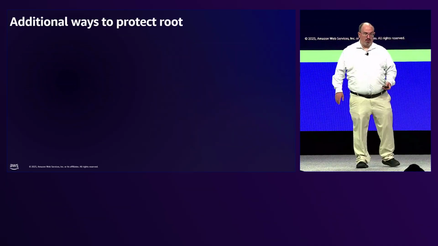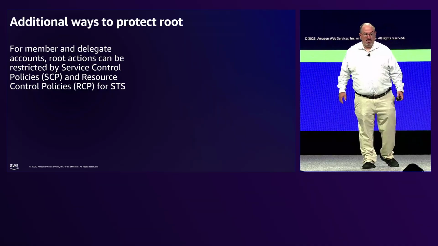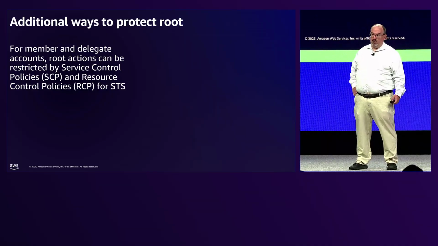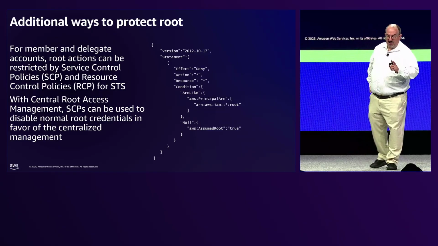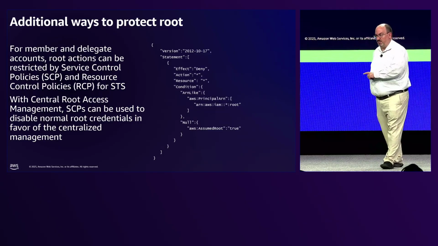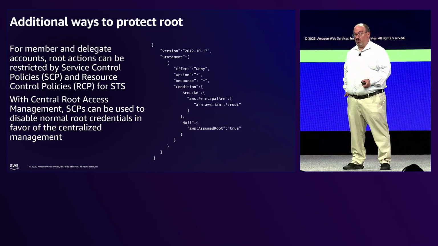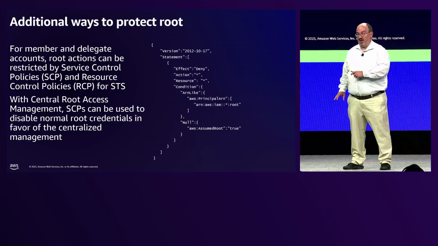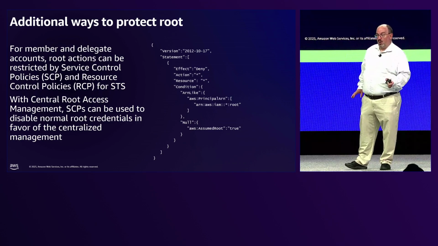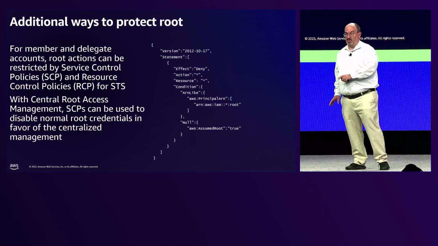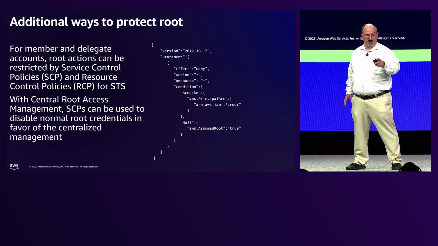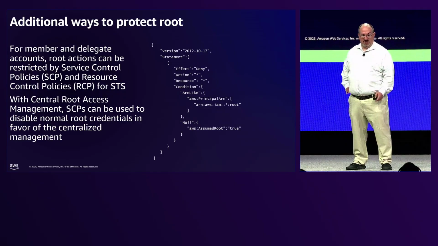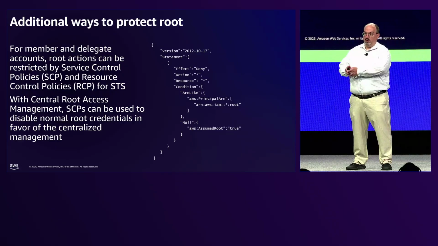I did want to go through additional ways you can protect root that AWS has added. The nice thing is, Khaled spoke about the SCPs and the RCPs. It is possible for you to build an SCP where you disable the root user, but still allow centralized root access management to work. This is an example from an AWS blog where they're using the new condition key, aws:AssumedRoot equals true.